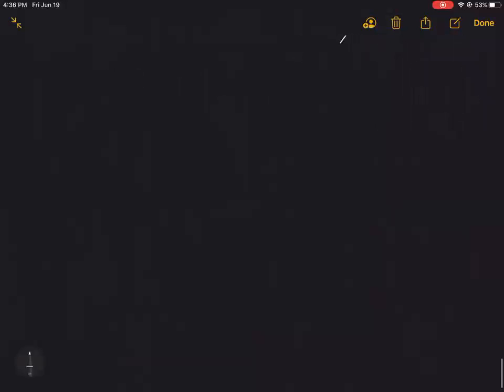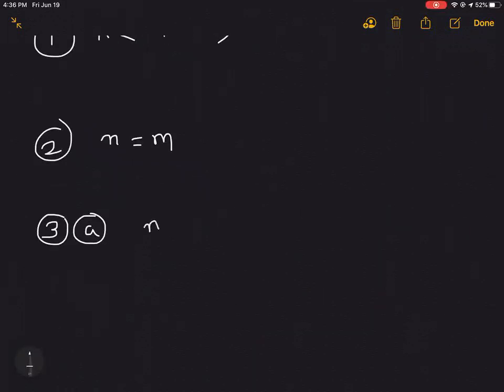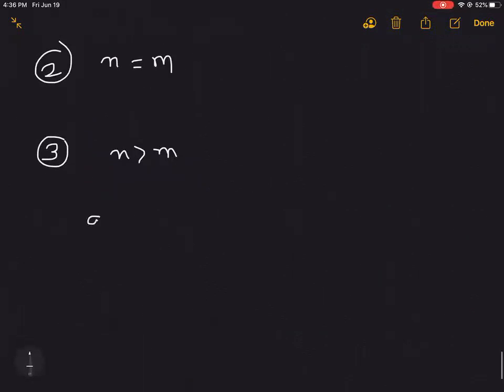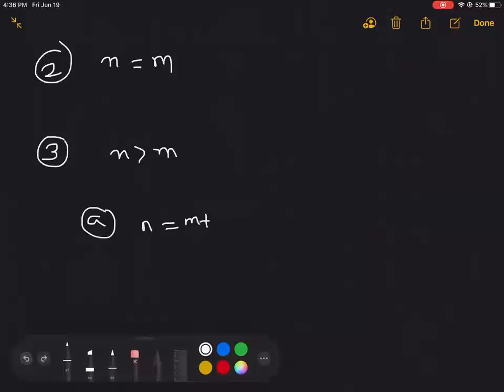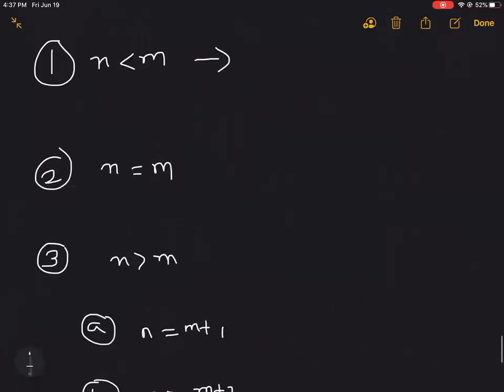But before that, I'll show one example of each on my right. First of all, n is greater than m, but for a, n equals m plus 1, and for b, n is greater or equal to m plus 2. Okay, now I'll show one example of it, and we'll see.